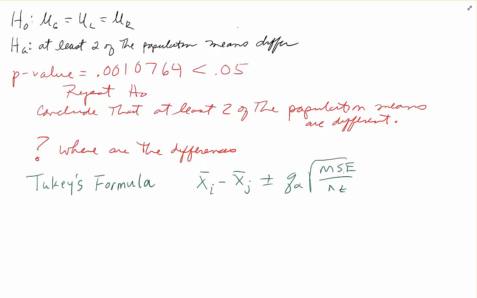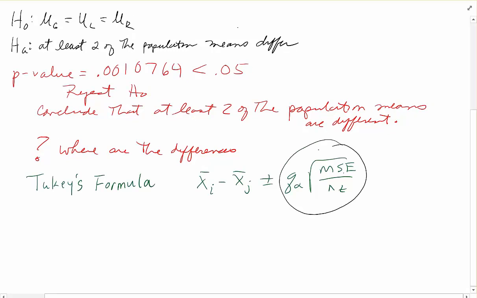Now, the first thing we want to do is to find the margin of error, and one value there is MSE. Remember, in running ANOVA, we have to assume that the population variances are the same. MSE is a weighted average of the sample variances and is a good estimate of that common variation or that common variance.